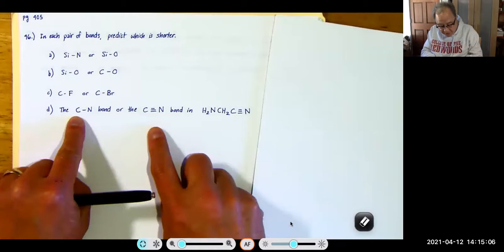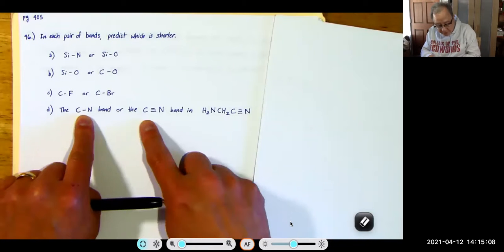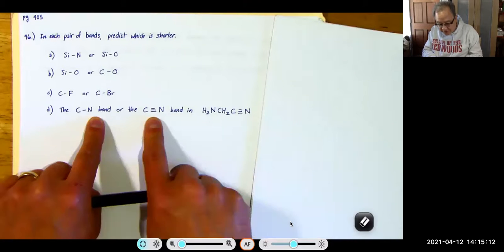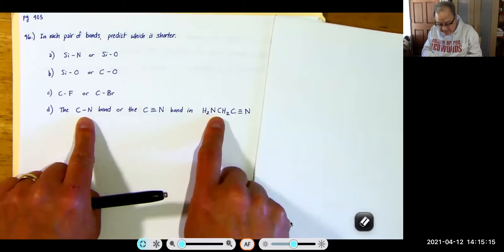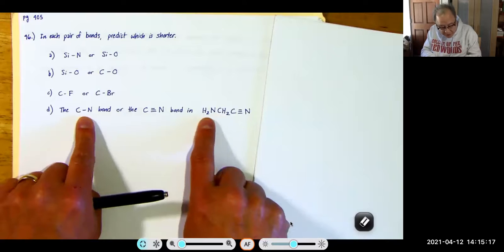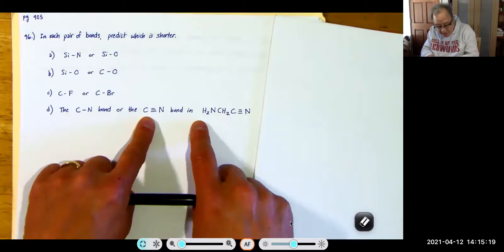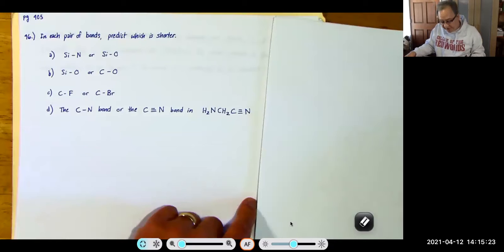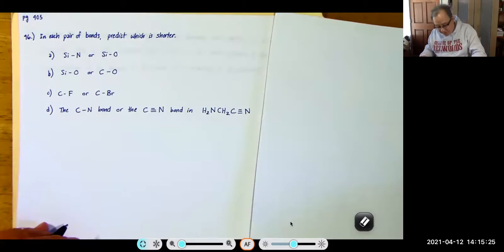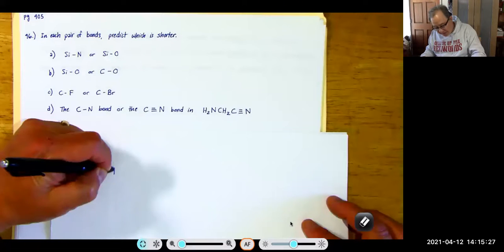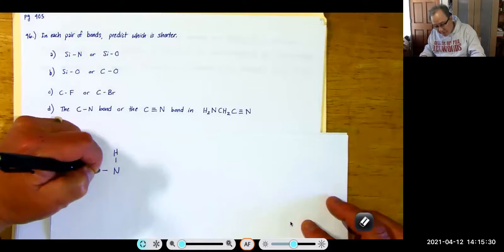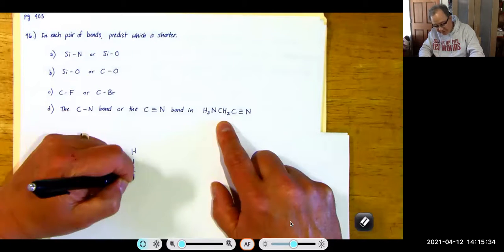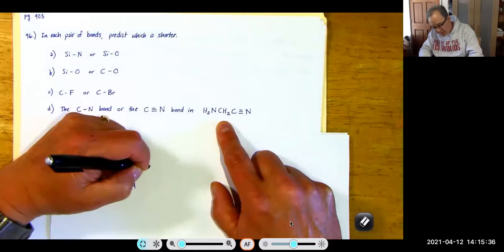Okay, so which is shorter? The carbon-nitrogen bond or the carbon-nitrogen triple bond? So here, notice they have the carbon-nitrogen bond or carbon-nitrogen triple bond in this. So maybe it would be interesting to draw this. So here we have a nitrogen with two hydrogens bonded to a carbon, which is also bonded to two hydrogens, bonded to a carbon and triple bonded to a nitrogen.